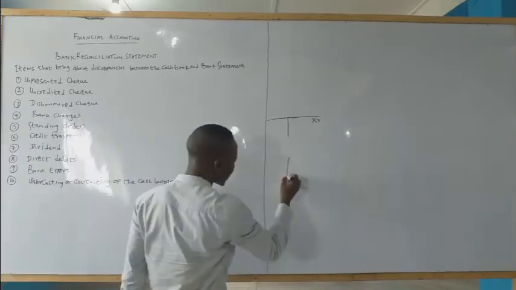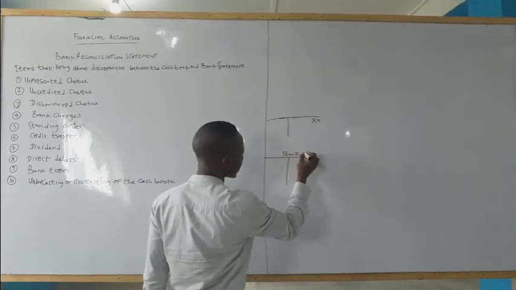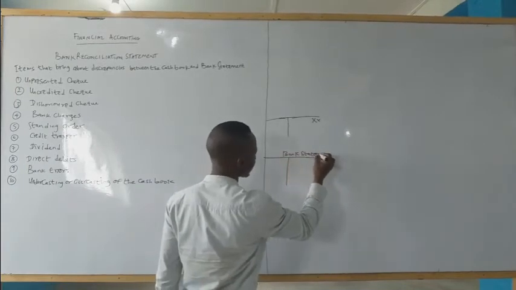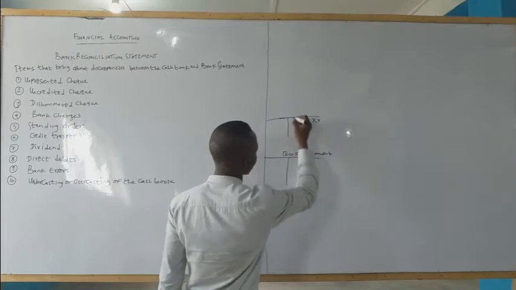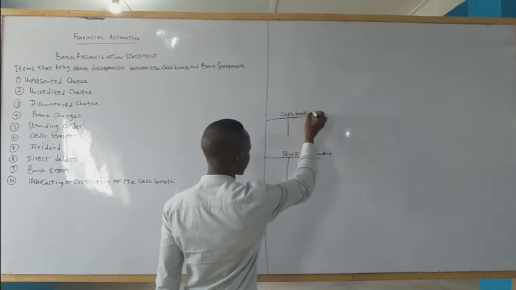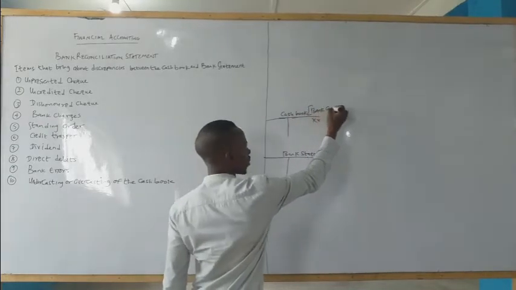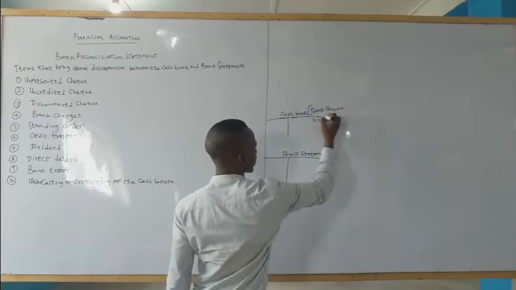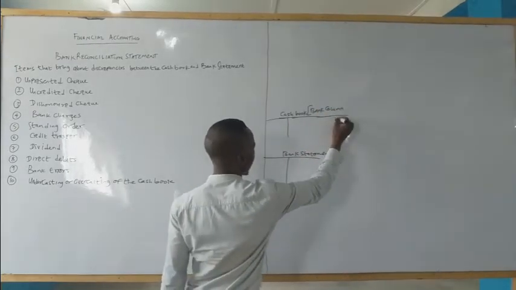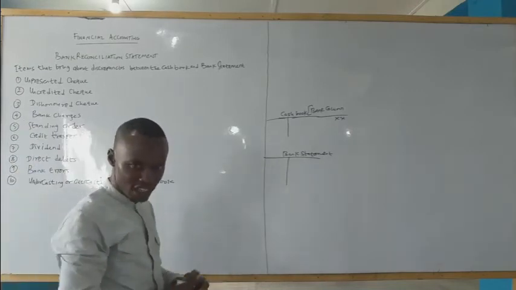But in our bank statement, in the cash book, that's the bank column, we are crediting it with that amount on the check.